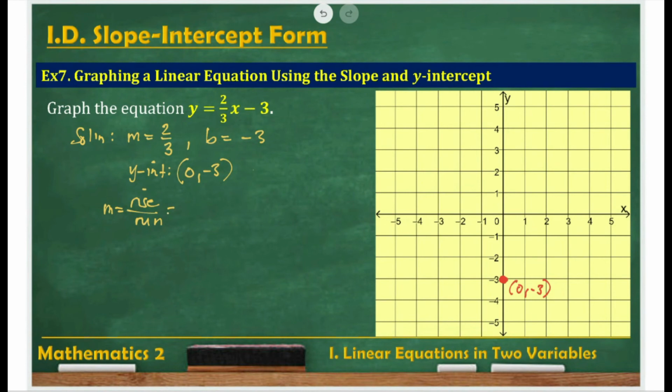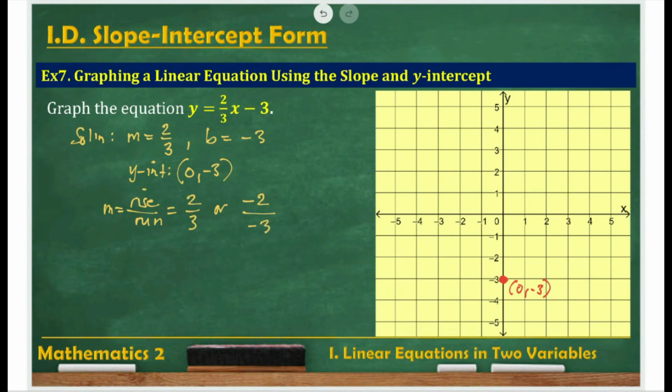So here we have m is equal to rise over run, and it's equal to 2/3. There are two possible ways on how we can treat the slope as rise over run. I can also write it as negative 2 over negative 3.